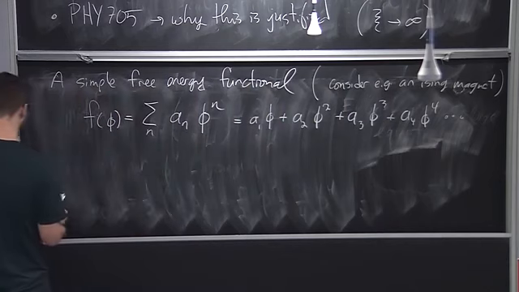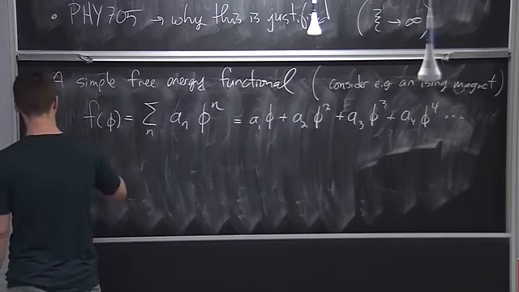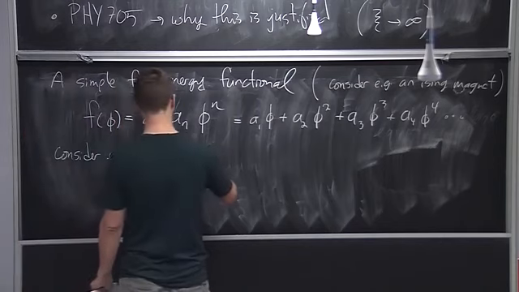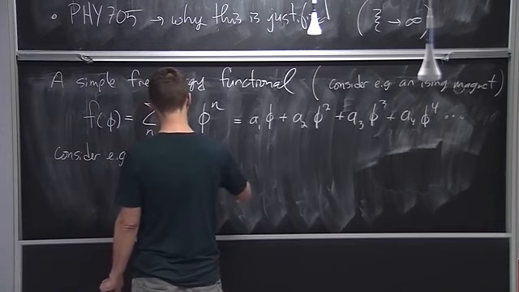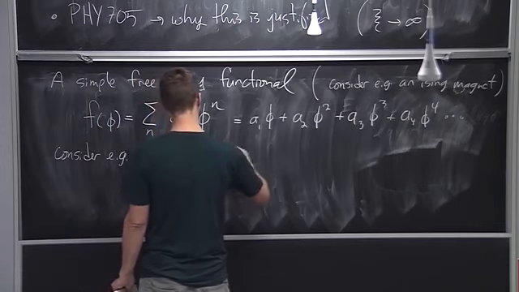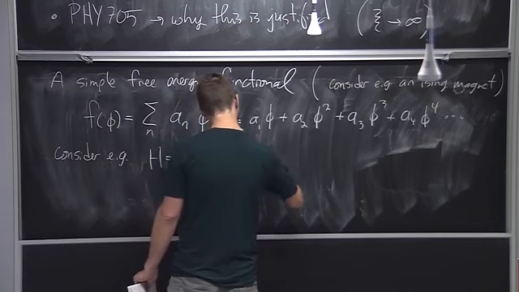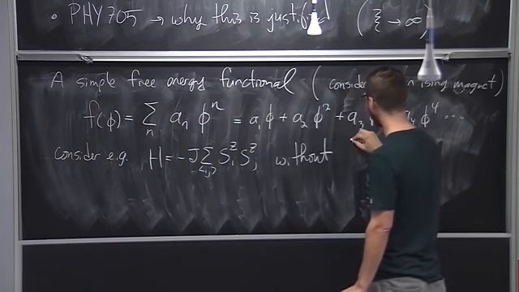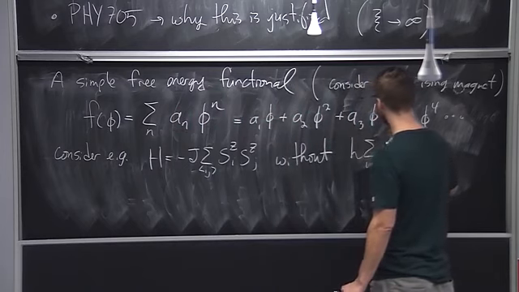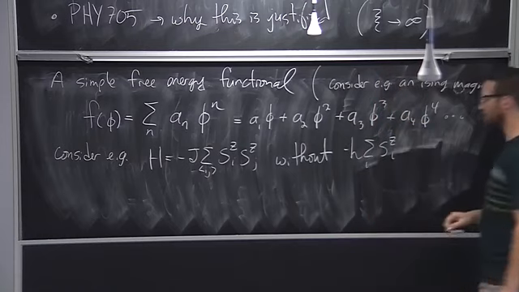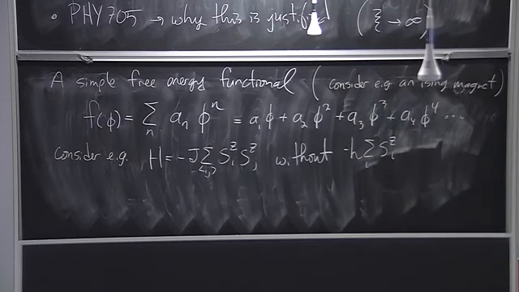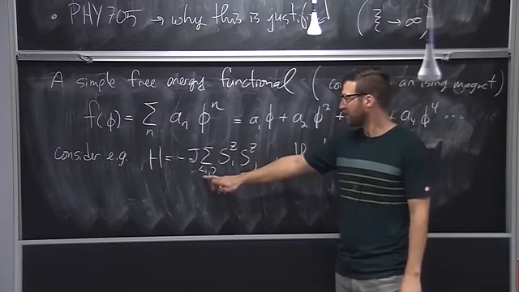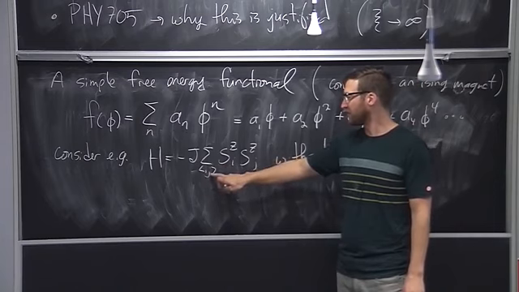So let me consider first, for example, your Ising ferromagnet. So it's minus J sum over i, j of S_i S_j, without a field, without the coupling, that looks like this. Okay, so that's an interacting system of Ising spins. i and j are nearest neighbors.